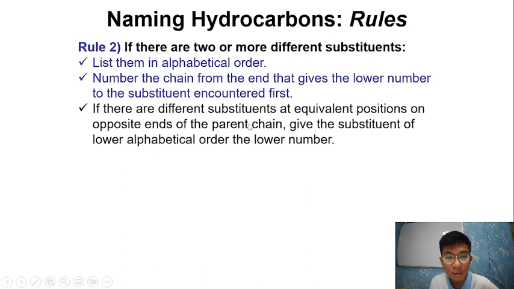So, if there are substituents at equal positions, give the substituent of the lower alphabetical order the lower number. So, ito naman, ang case nito ay kapag maaari kasing maging same yung numbering nung ating substituent if either will start from kaliwa or sa kanan.